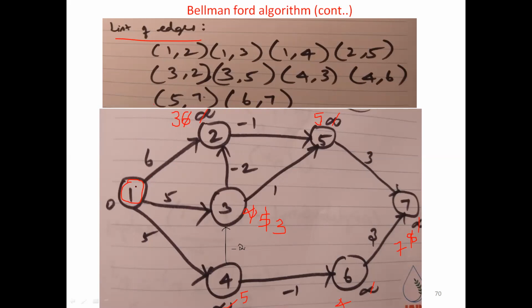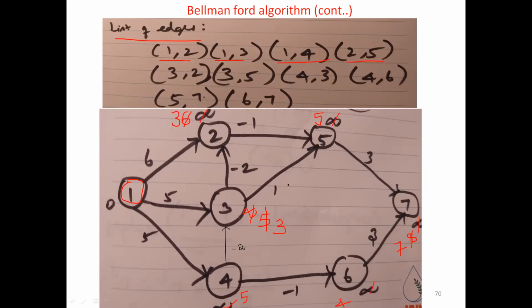When I take 1 comma 2, it is 0 plus 6, but already it is 3, so leave it as it is, no change. Next 1 comma 3 is 5, which is greater than 3, no change. 1 comma 4, no change, it is 5 only. 1 comma 5 is the same, no change.